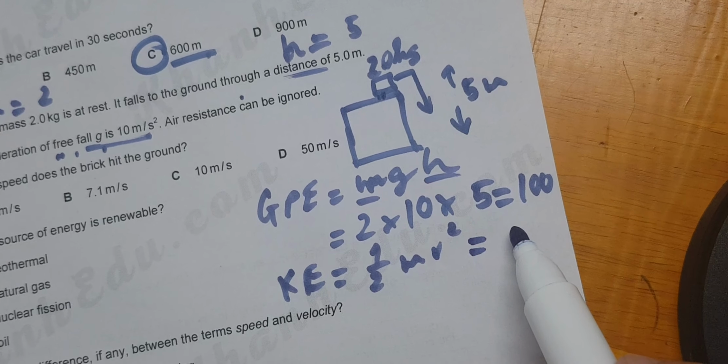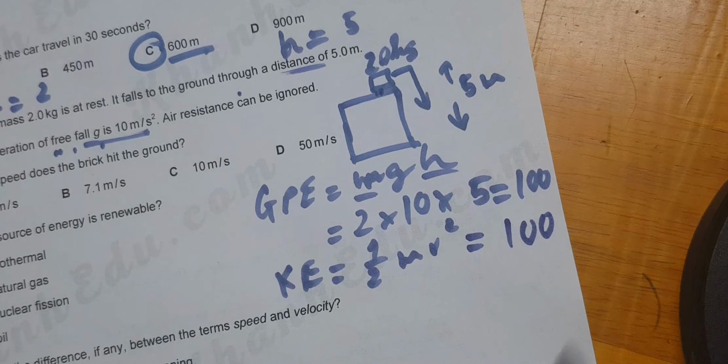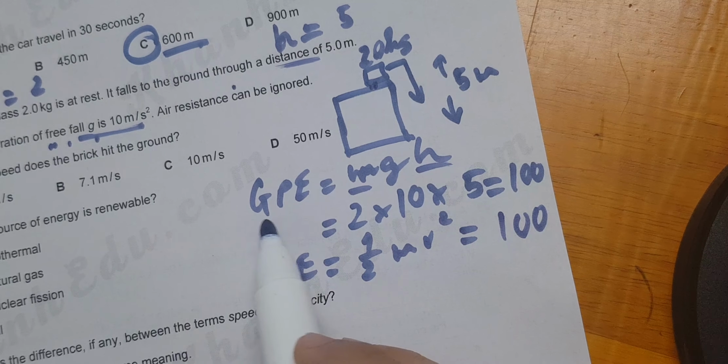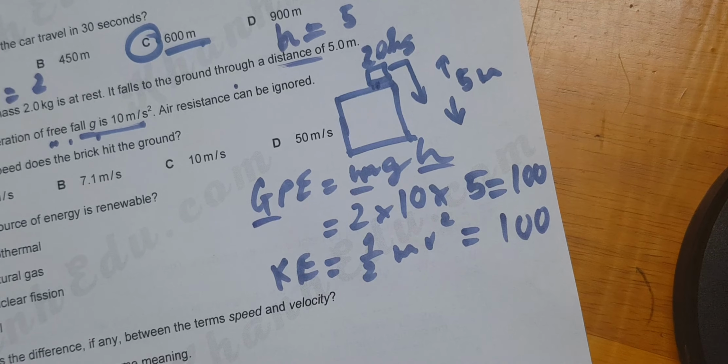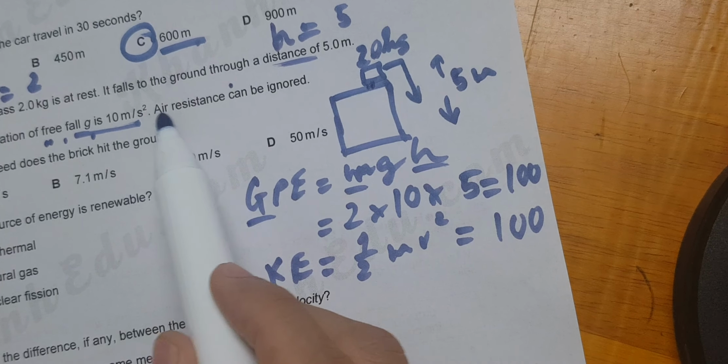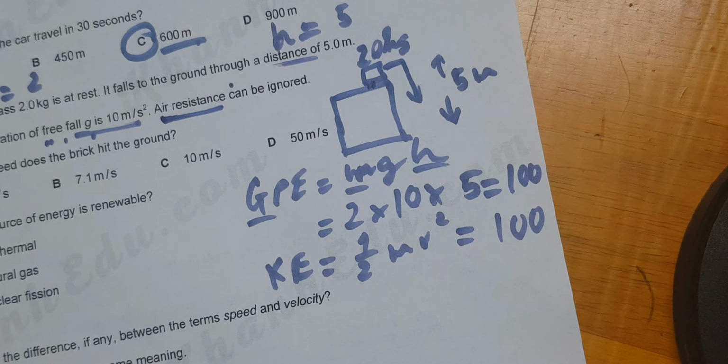This would equal the GPE, which is 100, because all the initial energy in the gravitational potential energy is transferred 100% to kinetic energy, since air resistance is ignored.